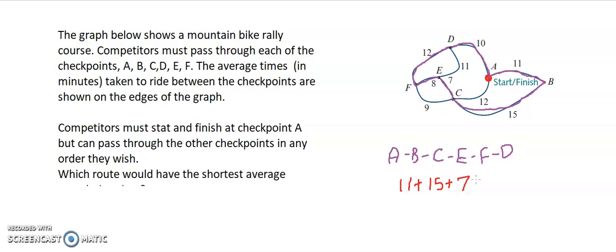E to F is 8. And F to D is 12. We want to get back to the start, so we need to add on 10. If we add all of those up, it tells us the cost of the minutes, how long it should take, and it is 62. Really hope this helps you understand weighted graphs.